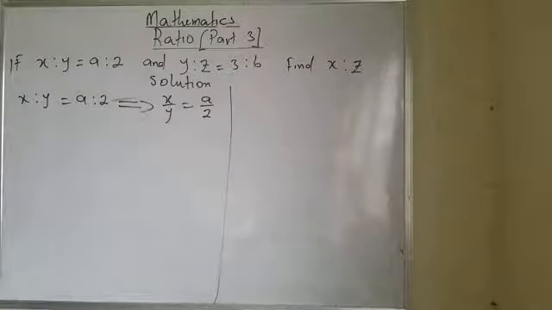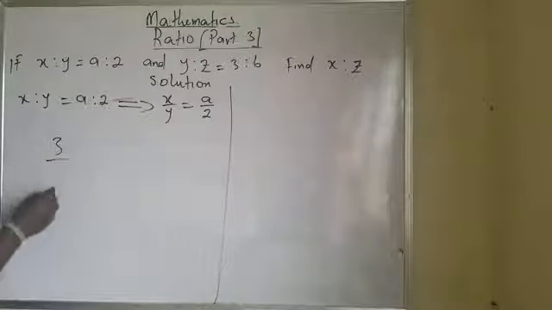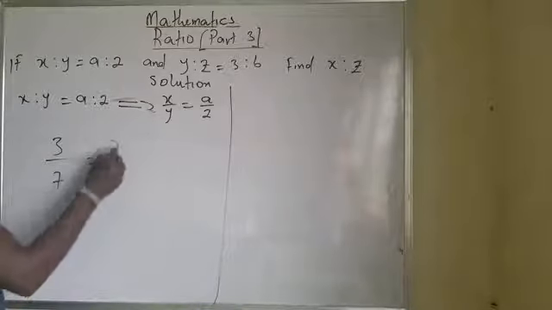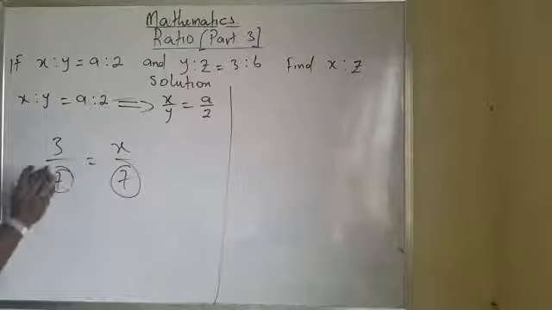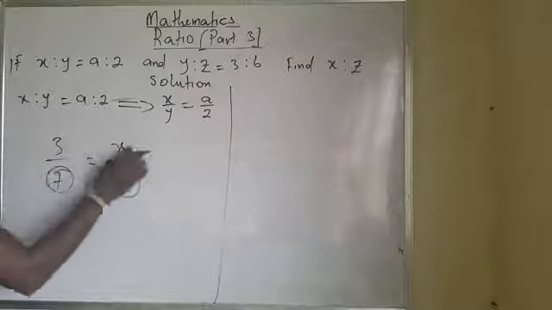Now, I want to use something: when you have 3 all over 7 equals x all over 7, note this. Since this is equal to this, likewise, this will be equal to this.